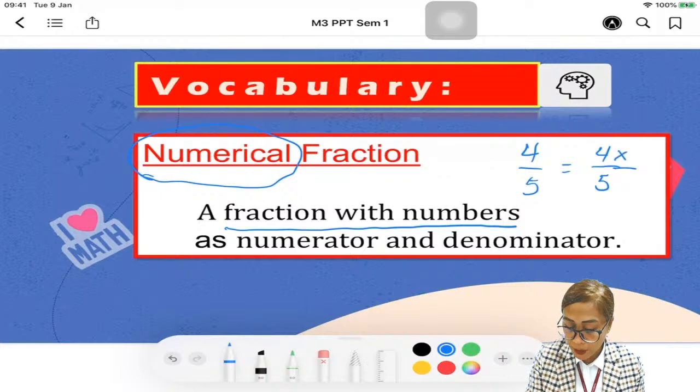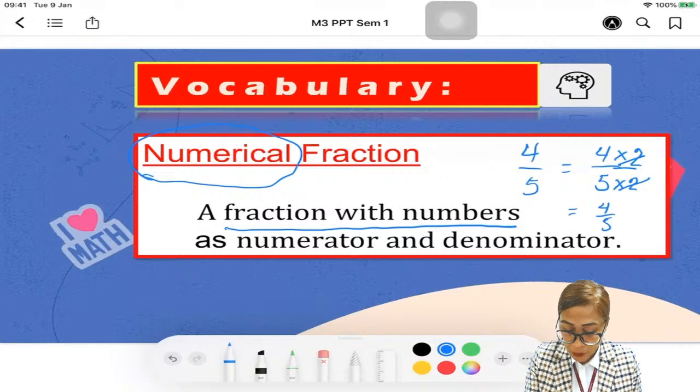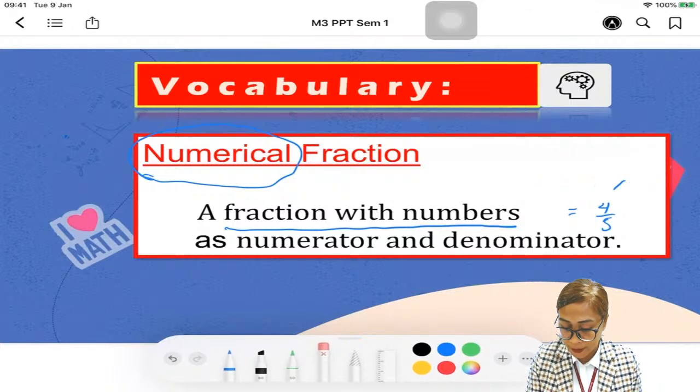I will multiply the numerator by 2. I'll multiply 4/5. We have to solve an algebraic fraction the same as when we do a numerical fraction.